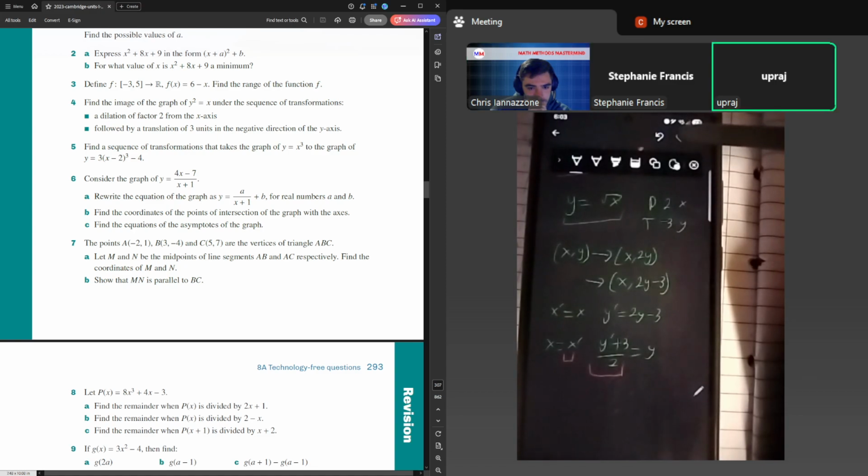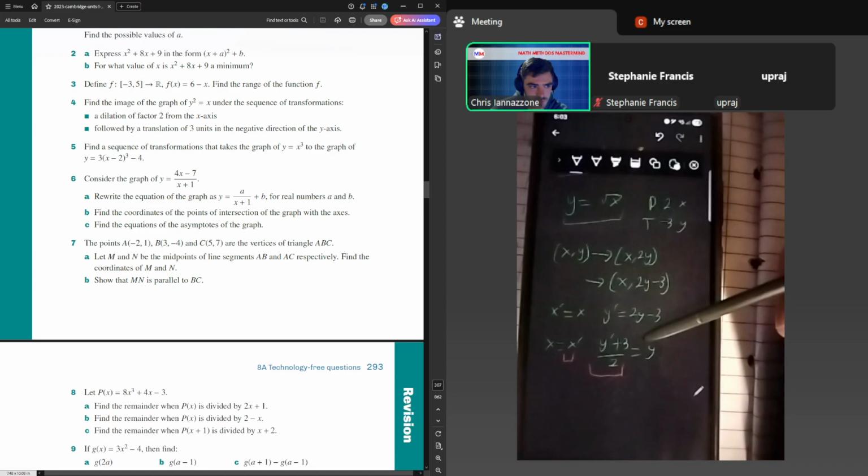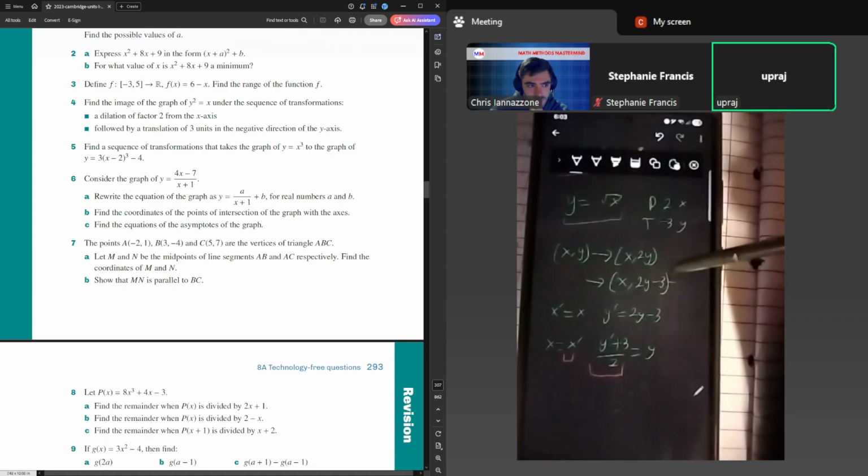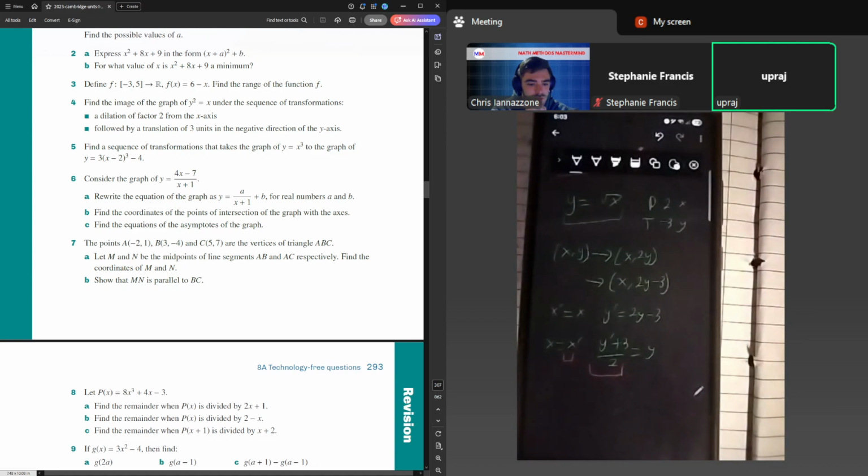Okay, hold on. So obviously it's going to translate downwards, and dilation of factor 2 from the x-axis. Does that mean it becomes like less sharp of a turn? The root function? Let's think. It'll stretch.